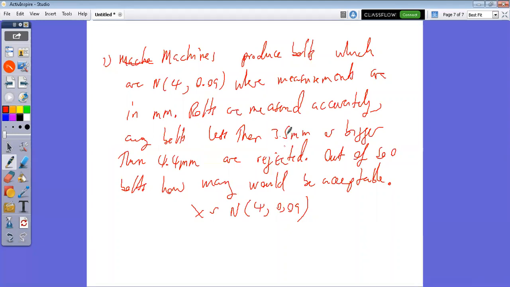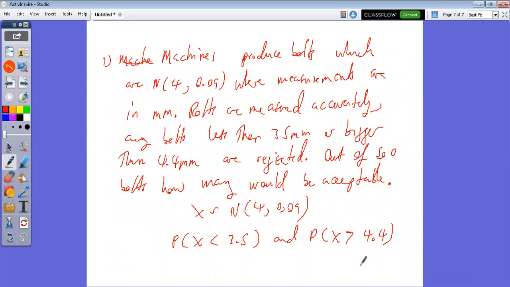Now, probability of being rejected here is probability of X being less than 3.5, or probability of X being greater than 4.4. Are we agreeing?